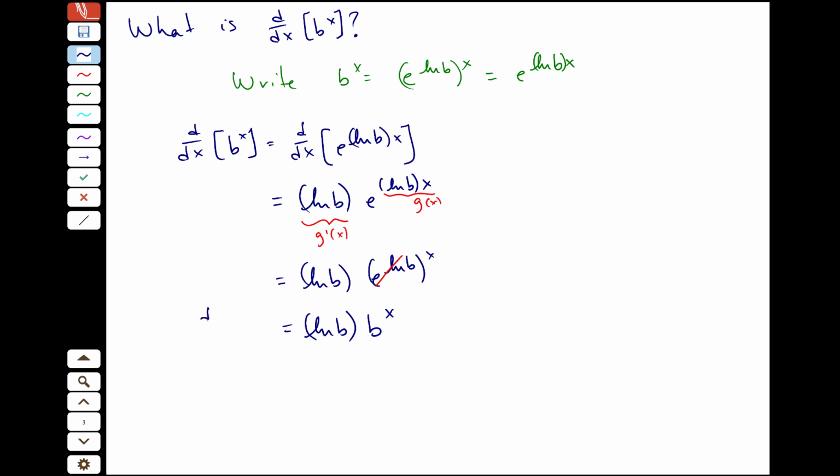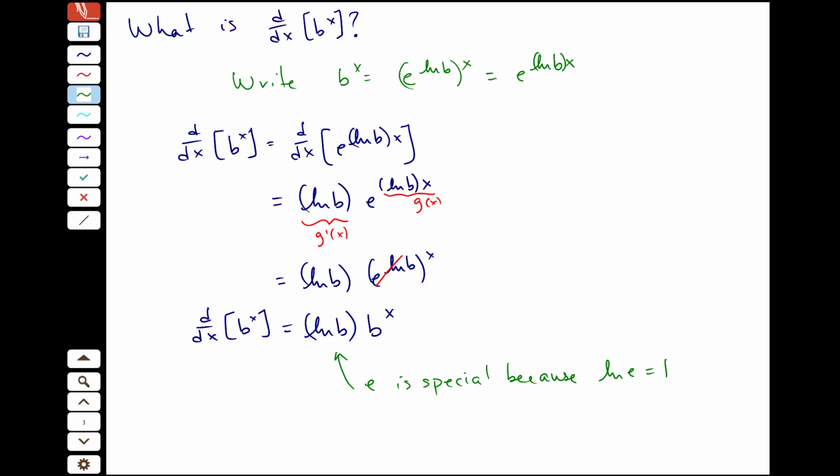So overall, this is the derivative of b to the x. And again, this is another way of understanding why e is so special. So here, e is special because the natural log of e is 1, which again tells us that the derivative of e to the x is just e to the x.